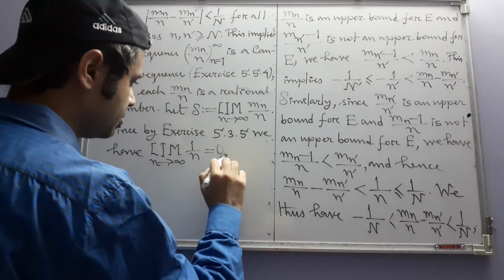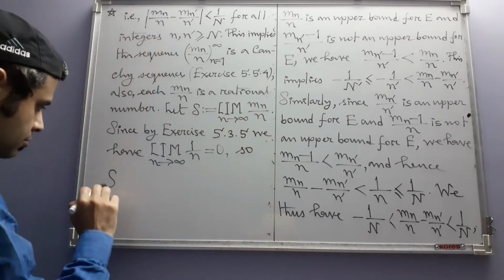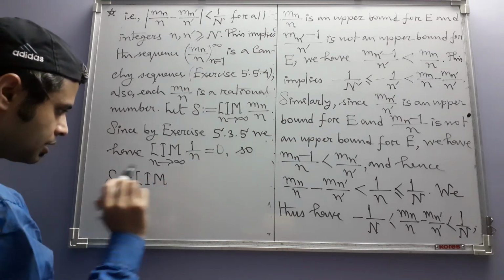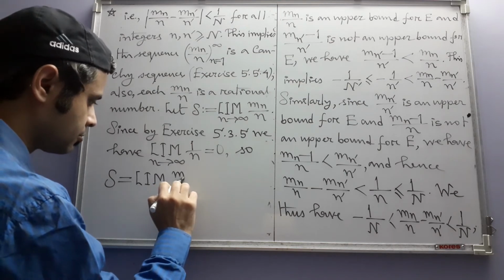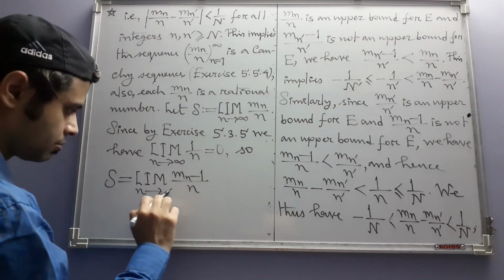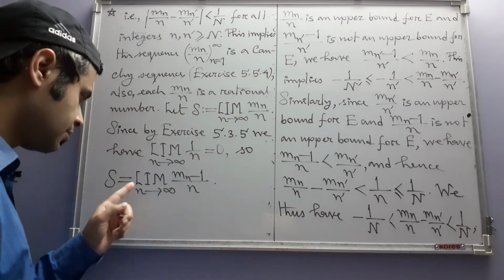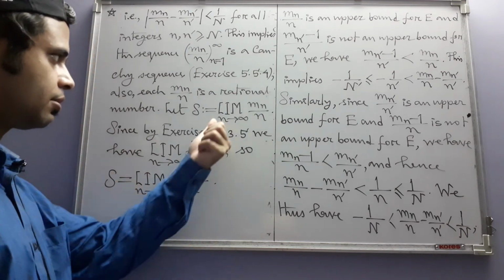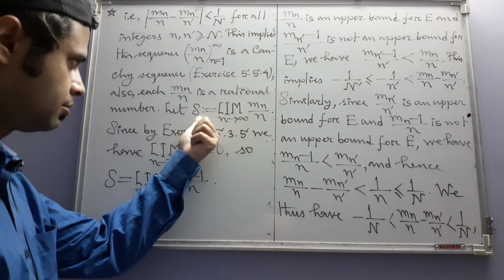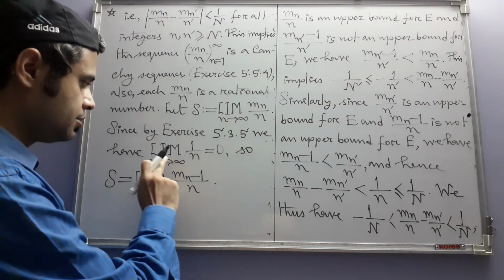So since we have this, S also becomes equal to the formal limit of this sequence, which is nothing but the difference of this formal limit, that is this real number S, and 0, where 0 is this limit.